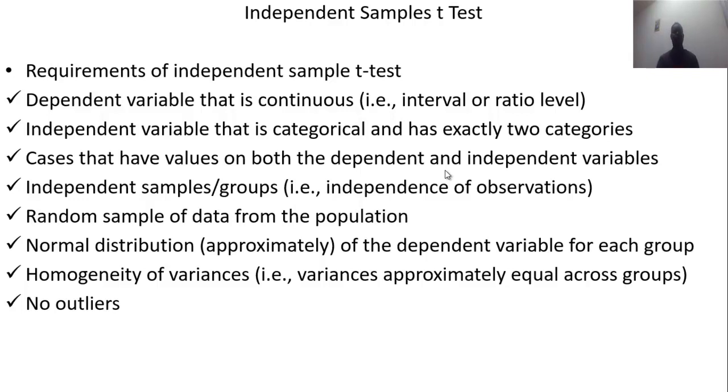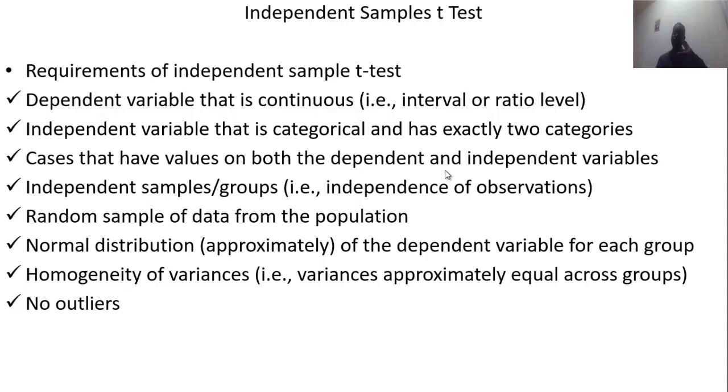Requirements mean the assumptions, and if assumptions are violated, then the result will be meaningless and misleading. We could say that there is a statistically significant difference between the female and male students, but in actual case there might not be a significant difference.